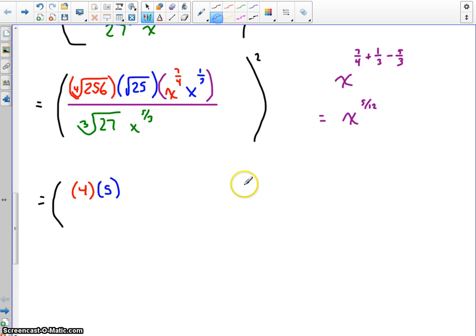Okay, and all my x's are simplified to x to the 5/12. And cube root of 27 is 3. Okay, so putting all this together now, I have 20/3 and x to the 5/12.